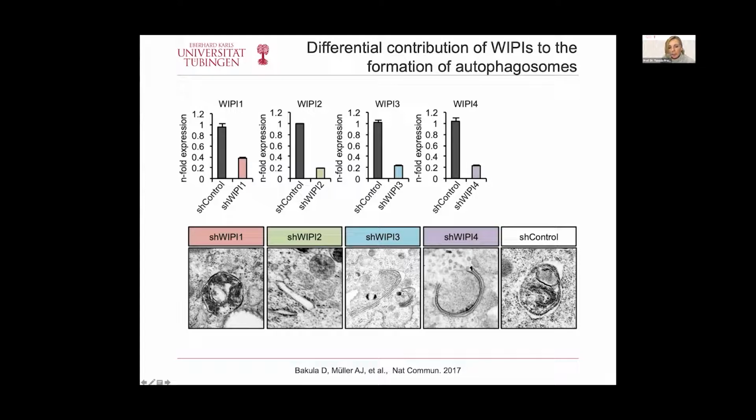In the absence of WIPI2, which is an essential ATG protein, we saw the appearance of premature structures. But with WIPI3 and WIPI4, which is of our interest today, we saw elongated early structures. So this picture already indicated that they may not be redundant in their function in autophagy.